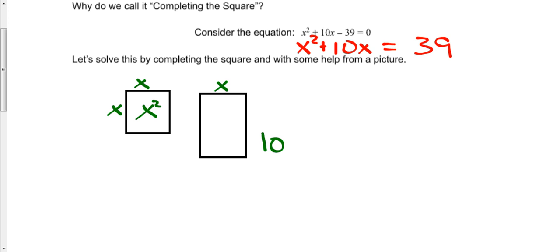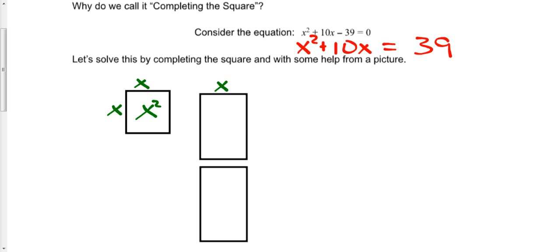So if I split it in half, lengthwise, I'm going to have two rectangles like that, right? How wide are they? They're both x wide, right? But how long are they? I split them in half, so they're 5 long, right? Okay.